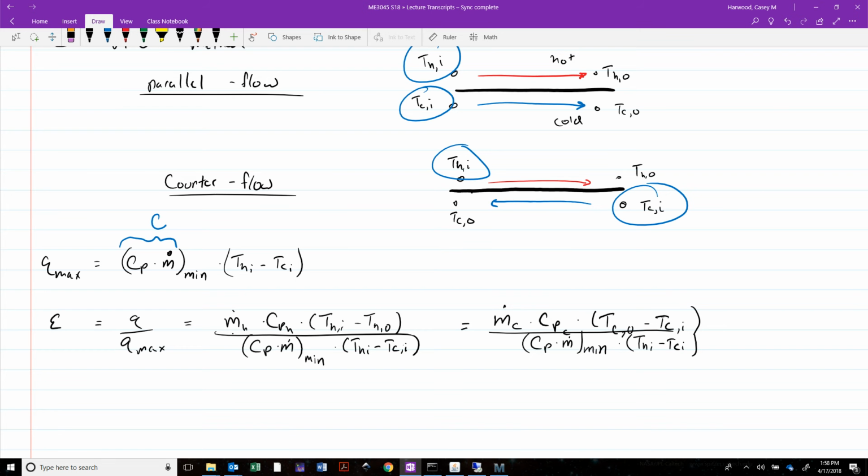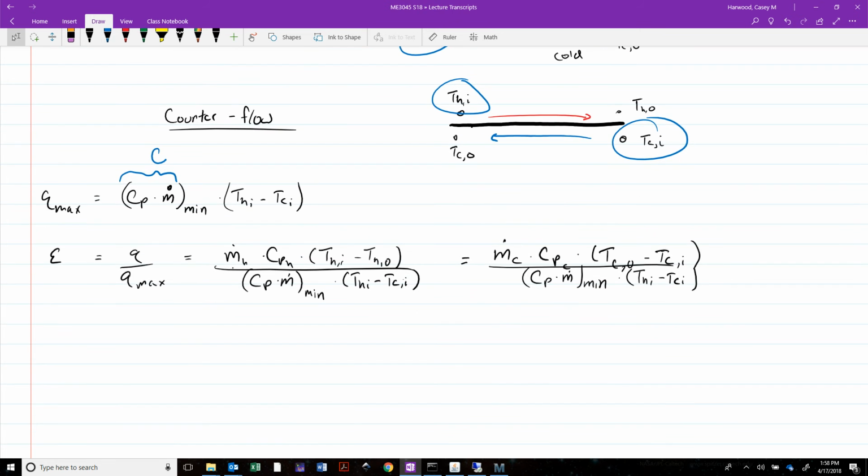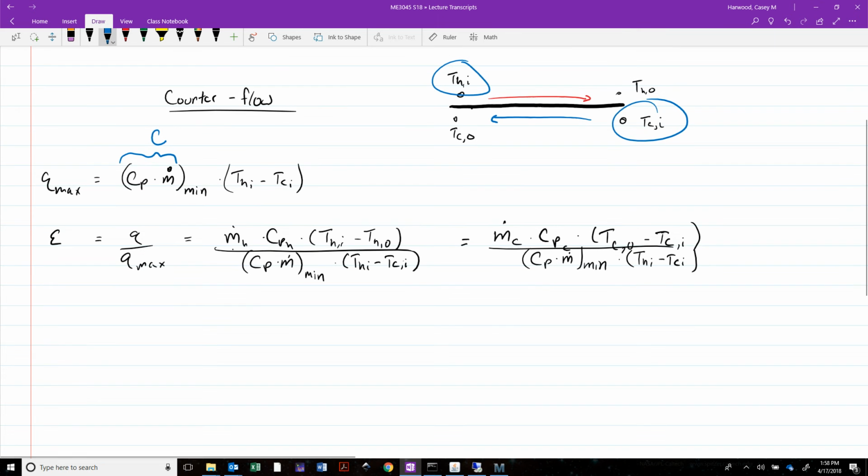But what the useful aspect of this is, is that if we know the inlet temperatures of the hot and the cold fluid, and we know Cp and m dot for both fluids, and we know the effectiveness of that heat exchanger, then we can find Q. And from that we could find the outlet temperature, etc. So the way we would do so is we'd say that Q actual is equal to epsilon times Cp dot m min times Thi minus Tci.